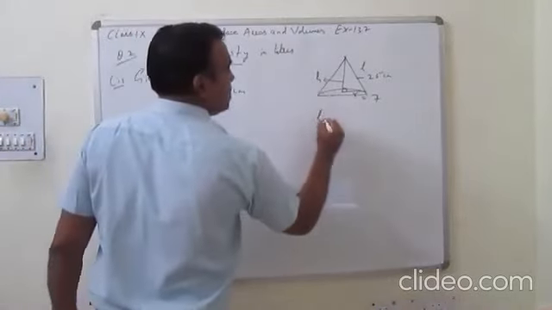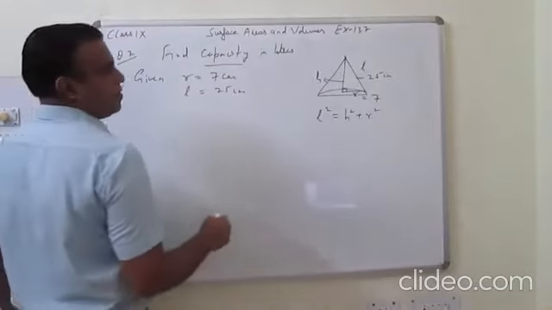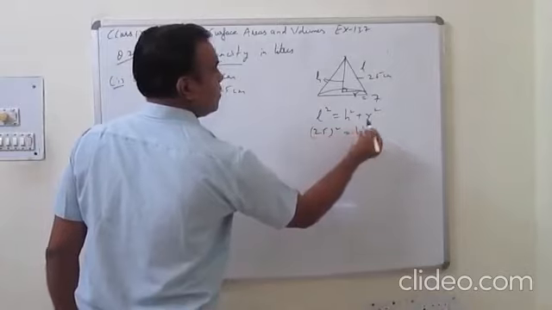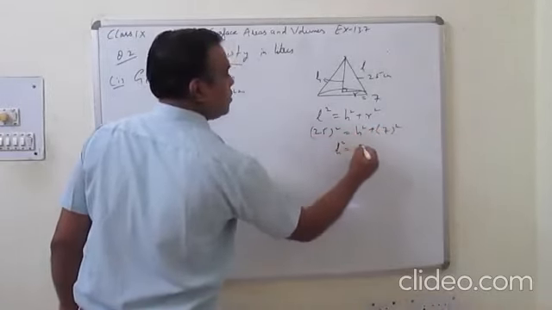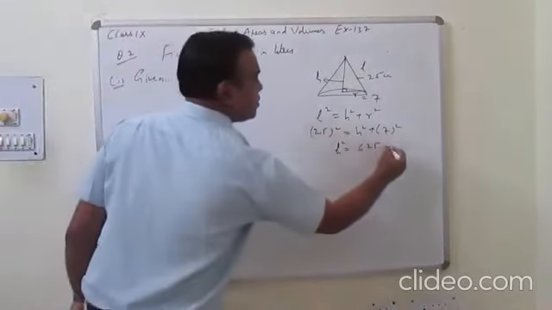We know that slant height square is equal to h square plus r square. So slant height is 25, h square don't know, r is 7, so h square is equal to 25 into 25, 625 minus 49.